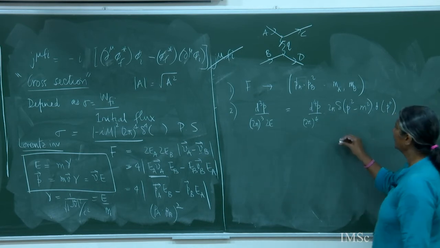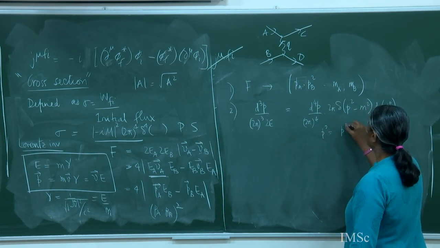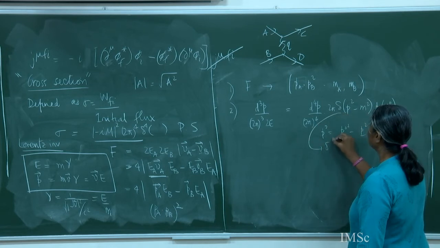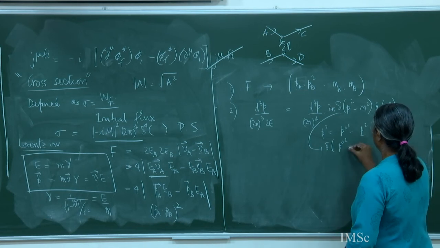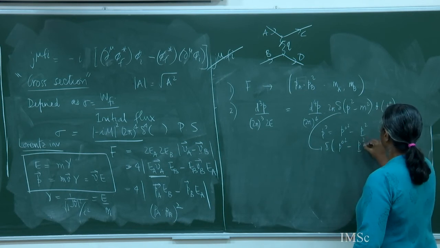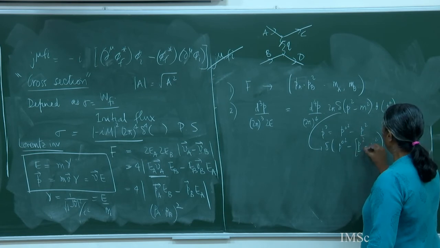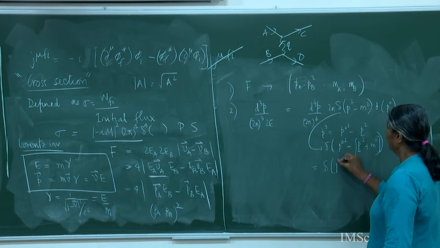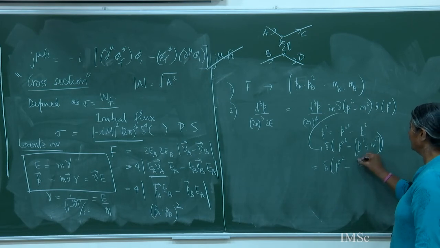You can write p squared is equal to p0 squared minus p squared. So this delta function becomes p0 squared minus p squared minus m squared. But what is p squared plus m squared? What is p squared plus m squared? P square. Very nice.